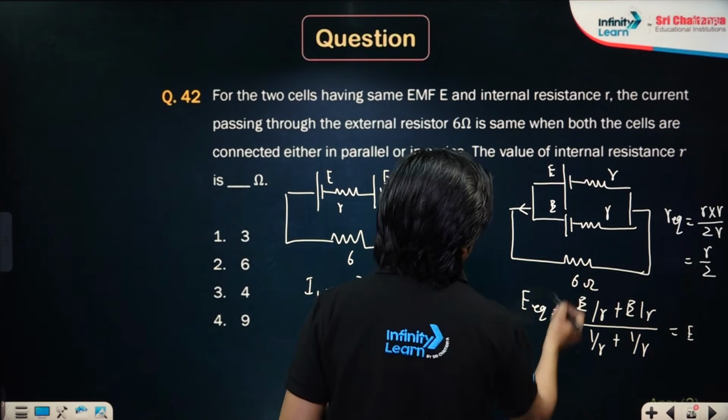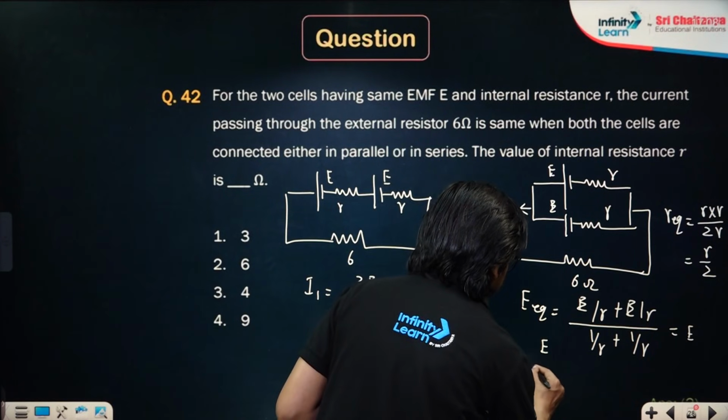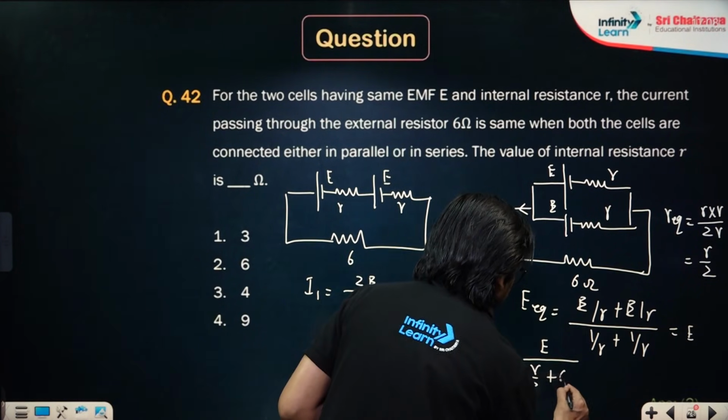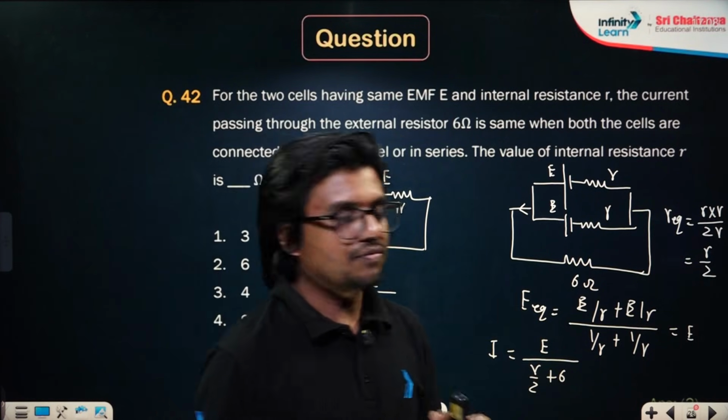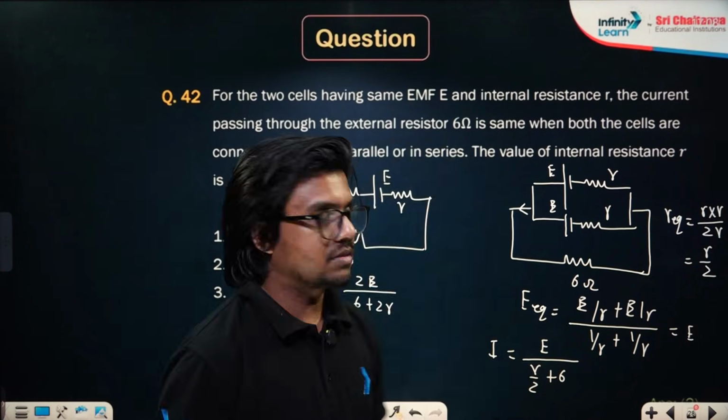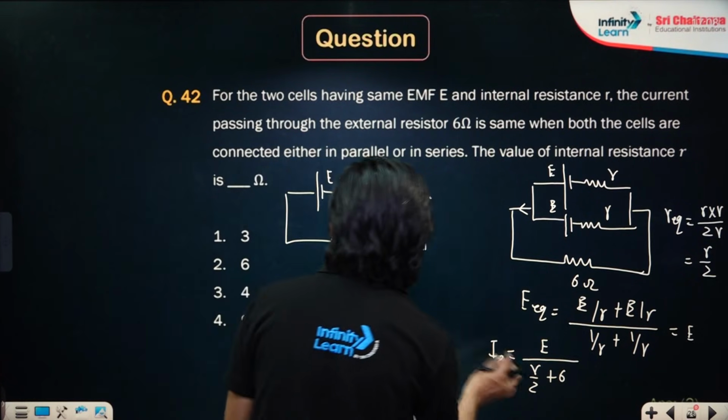So current through this circuit is equivalent EMF E divided by internal resistance plus external resistance, E divided by R by 2 plus 6. Now according to the question, both the currents are the same.